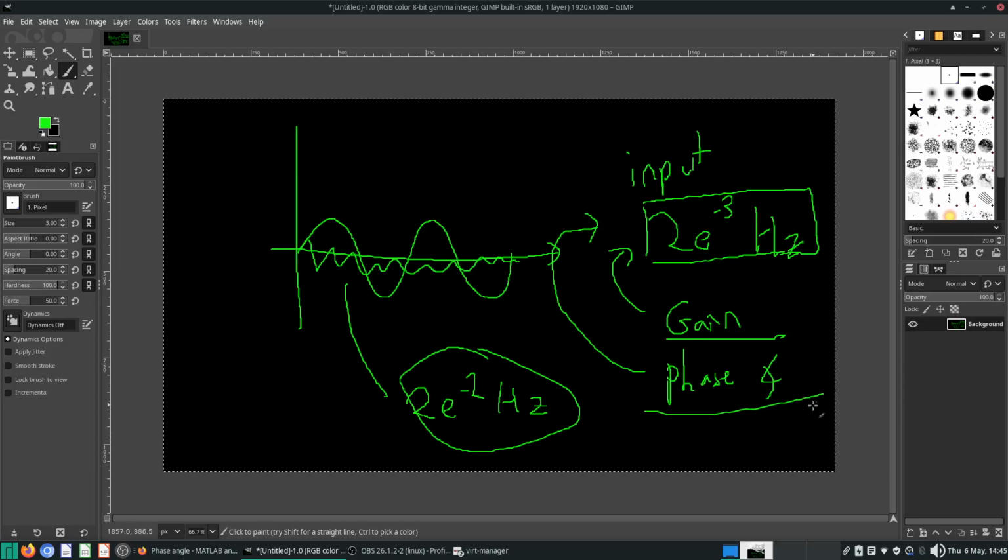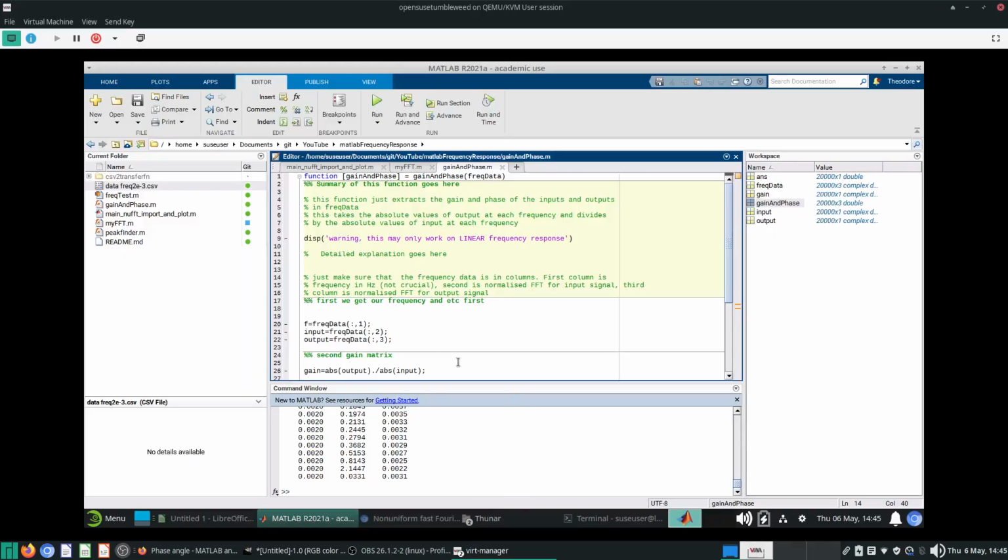Now I need to take a look at the gain and phase angle for them. So that's the idea behind frequency response. Normally you will just put in one sine wave, but if you want to really speed things up, you can put in multiple sine waves at once. You can also use other signals called pseudo-random binary sequence, which will help speed up some of your frequency response testing.